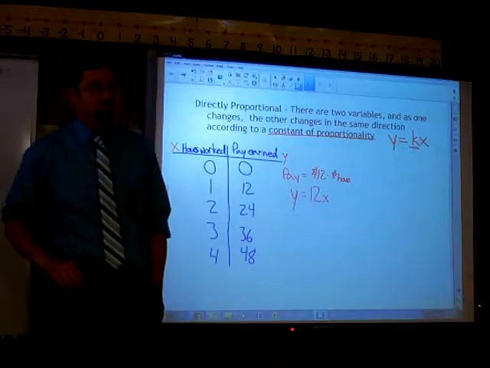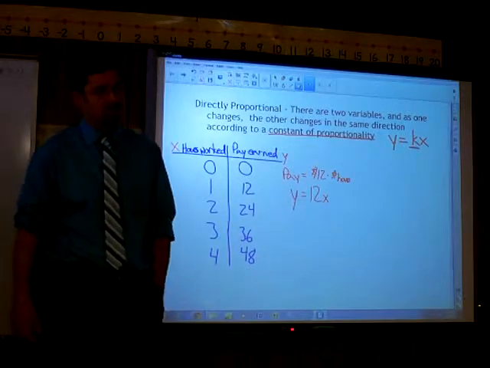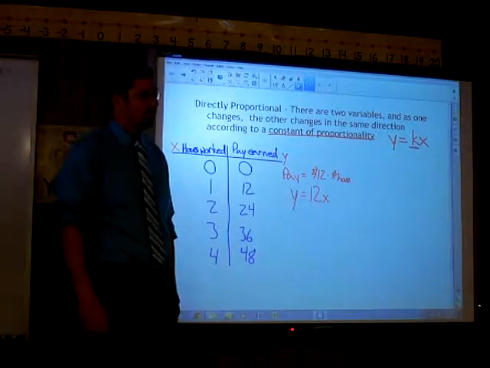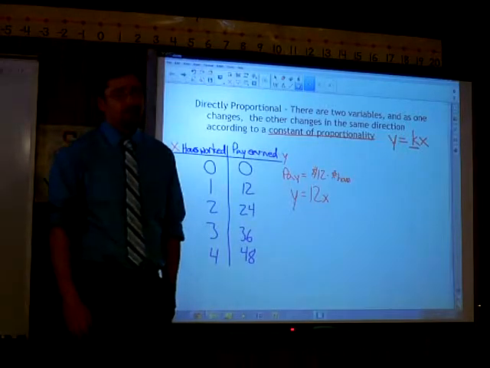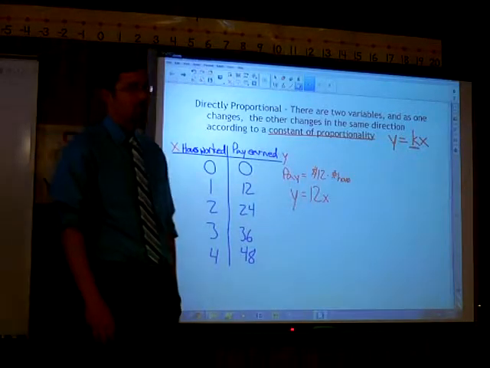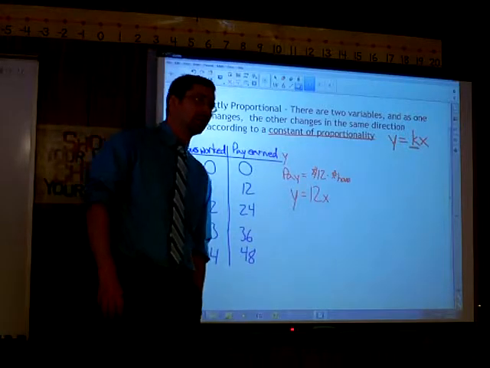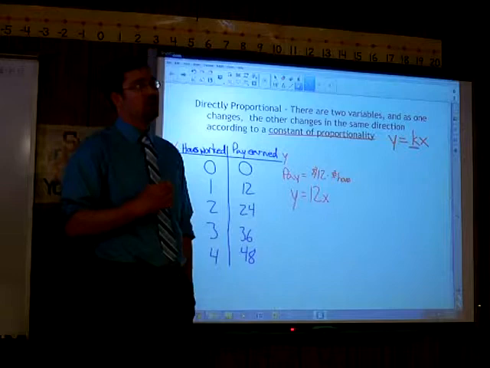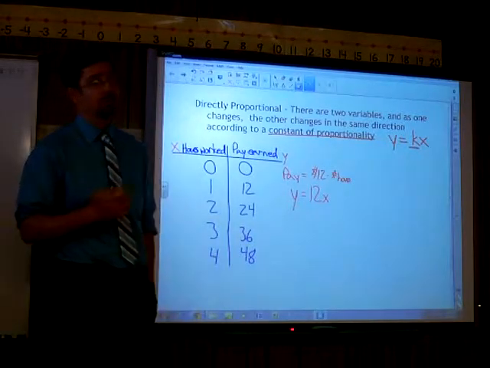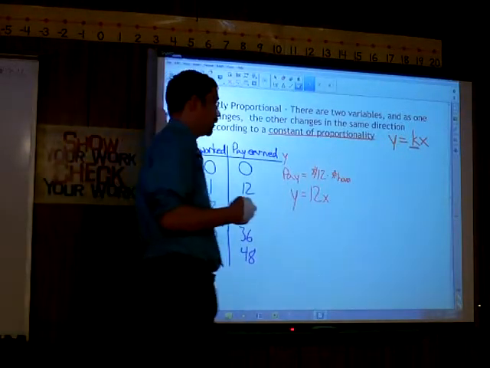Jacob? Well, we could graph it. We could graph it if we wanted to. Madeline? Yeah, we don't have a y-intercept. Or actually, I should say, our y-intercept equals 0.